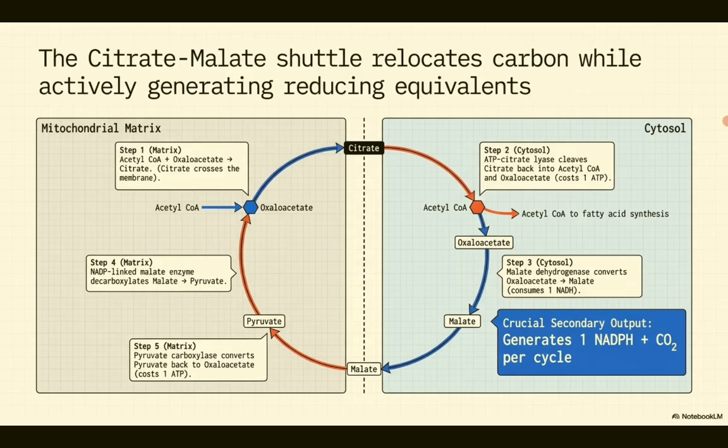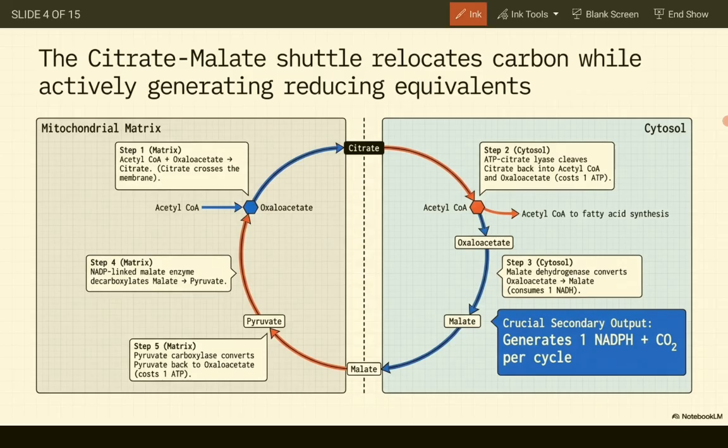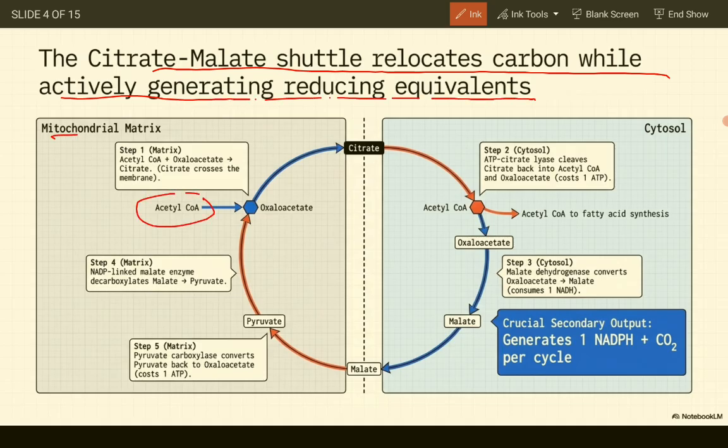So this is the whole process in detail, how the citrate malate shuttle relocates carbon while actively generating reducing equivalents. Let's see. Acetyl CoA is inside the mitochondrial matrix. Step 1: acetyl CoA is added to oxaloacetate to produce citrate, and citrate crosses the membrane to the cytosol.